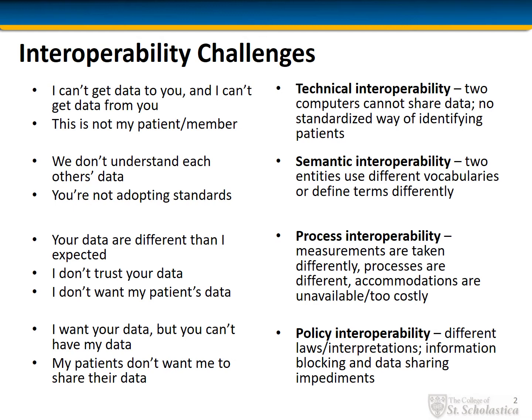Providers have technical interoperability issues within their own organizations as different systems, often though not necessarily from different vendors, do not share data without sophisticated and costly programming that we call interfaces to make such exchange happen. And even then, the exchange is generally in a limited way. Only certain data elements are exchanged or only with certain specific systems.